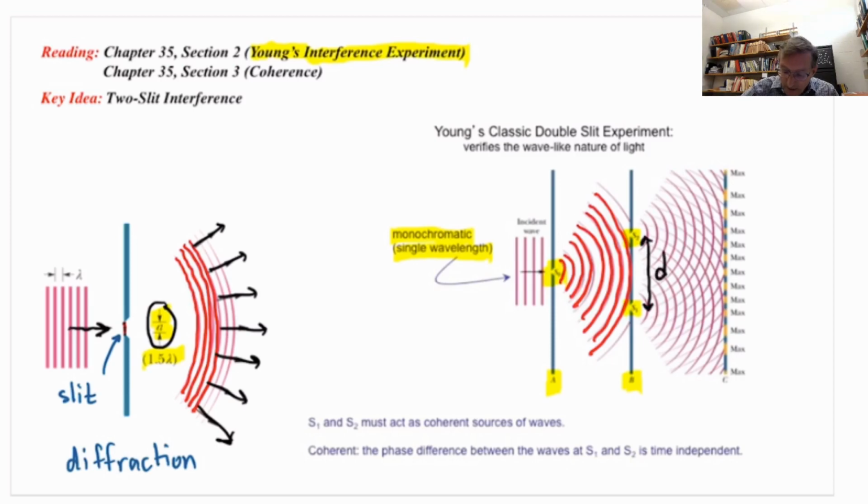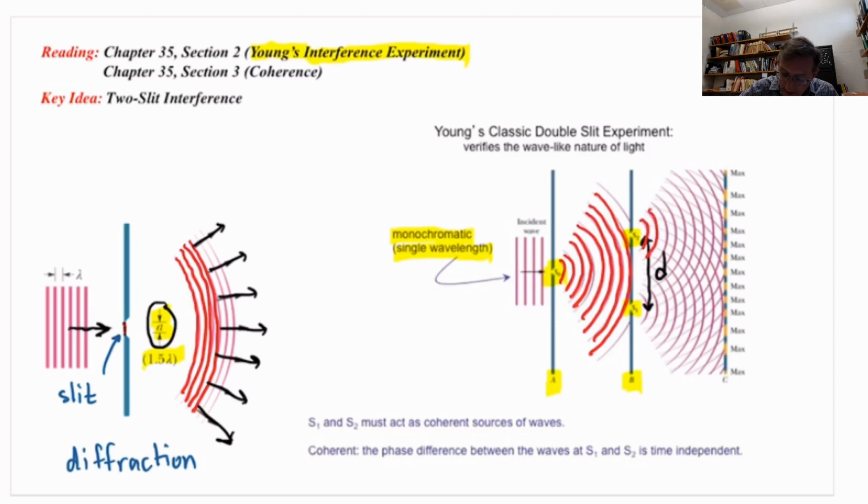Now, one of these wave fronts that went through S0 and has been diffracted is now going to impinge upon S1 and S2. And that one wavelength is going to impinge upon them both. And then each one of those is going to act like a source of spherical wavelets going outward over here.